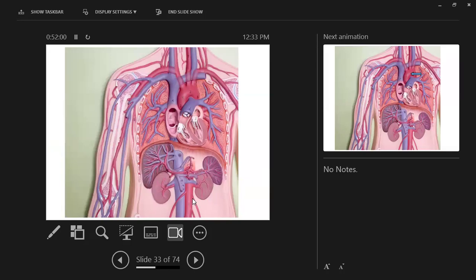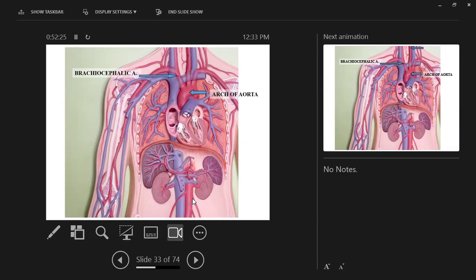We'll take a closer look at the heart again. Here is our aortic arch. Now I like this one because it has made the brachiocephalic artery visible underneath the brachiocephalic veins.